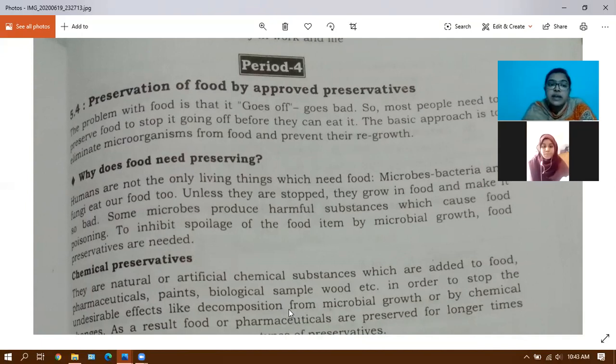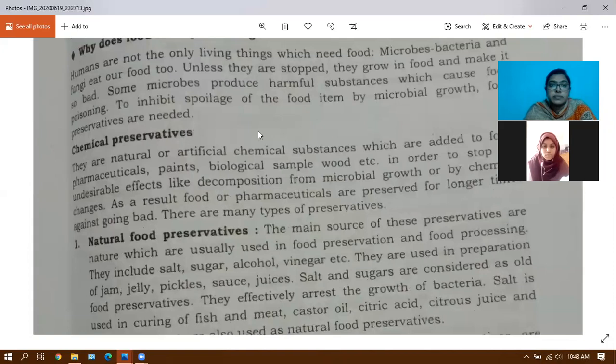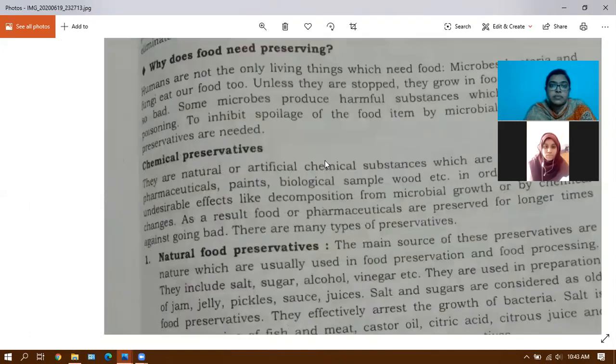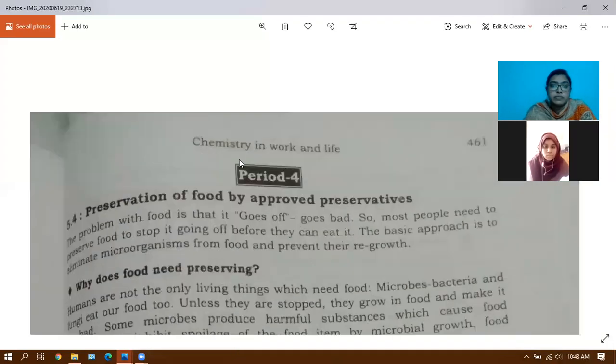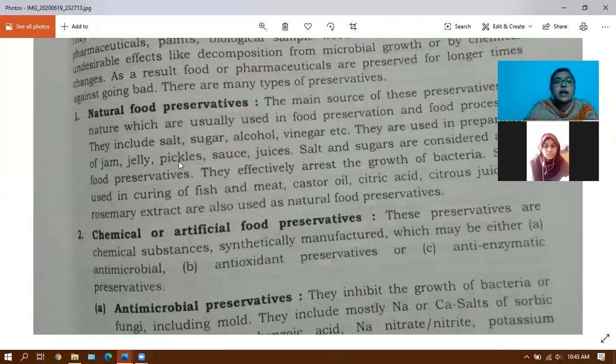Now the question is, what are preservatives?